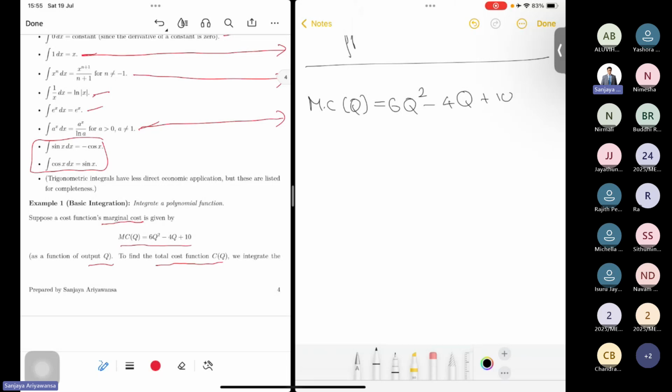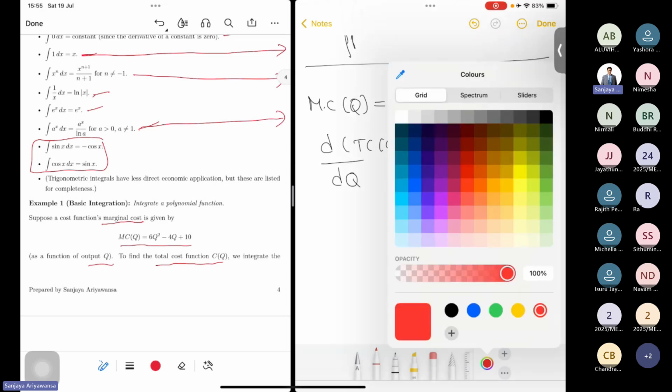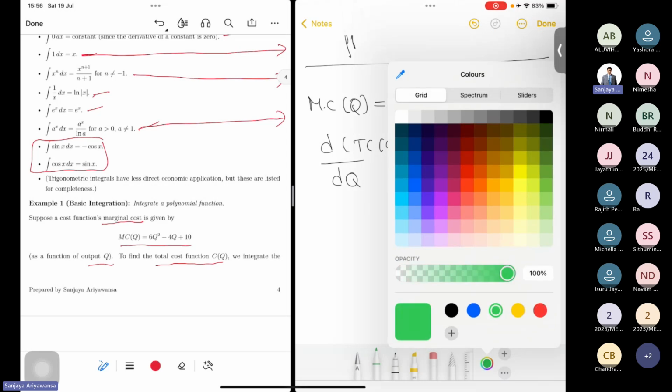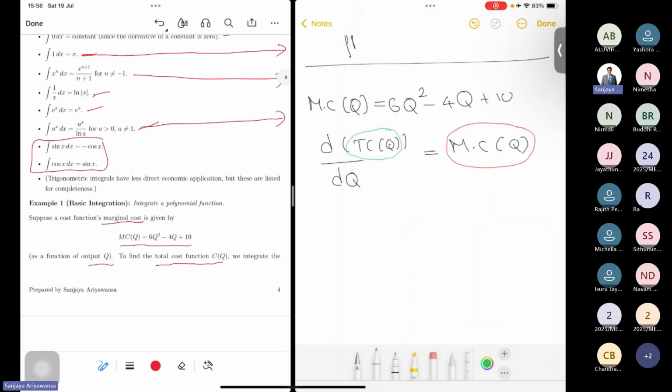So remember, what is marginal cost? When you differentiate your total cost with respect to q, you get your marginal cost. That's what we know. Now we are given the marginal cost, and we are asked to find the total cost, right?